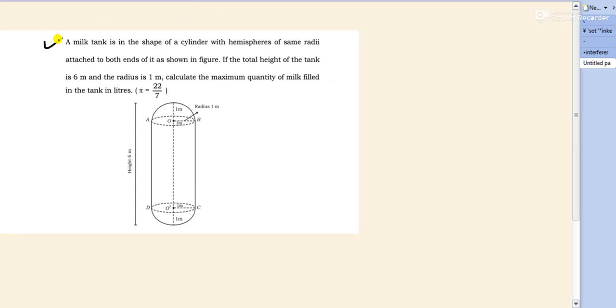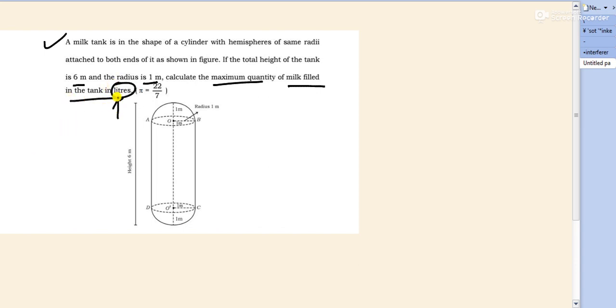So the question says, a milk tank is in the shape of a cylinder with hemispheres of same radii attached to both ends of it as shown in the figure. If the total height of the tank is 6 meter and the radius is 1 meter, calculate the maximum quantity of milk filled in the tank in liters.